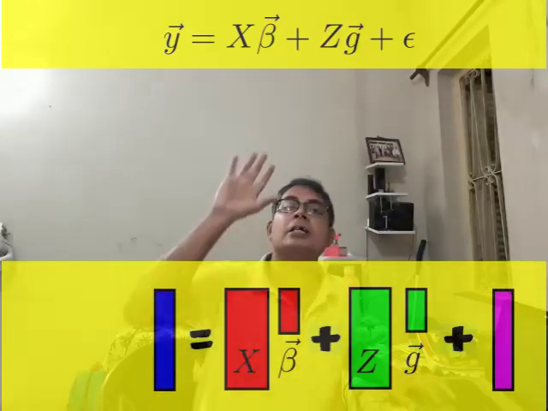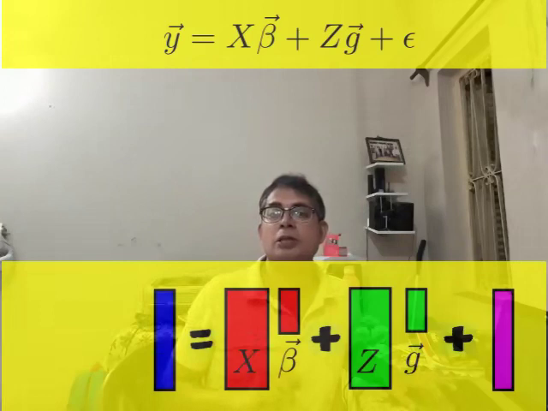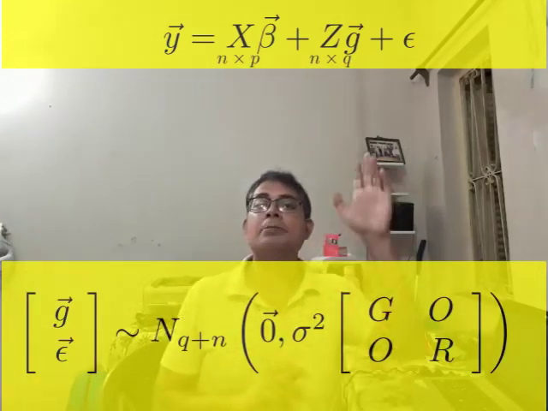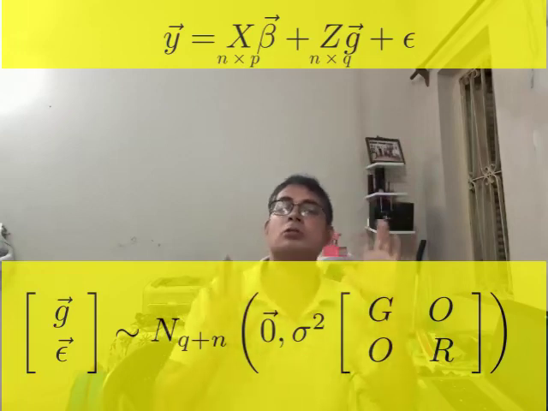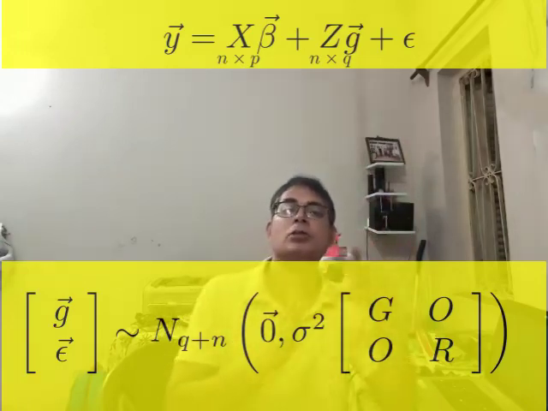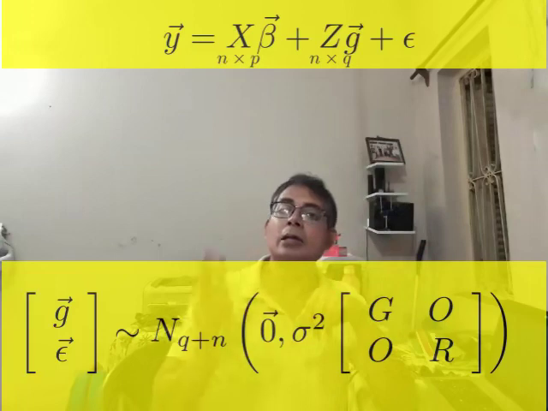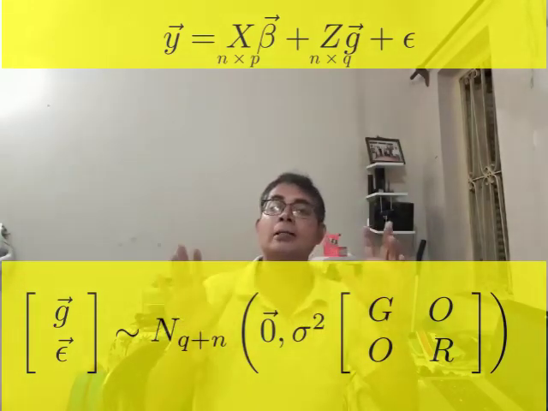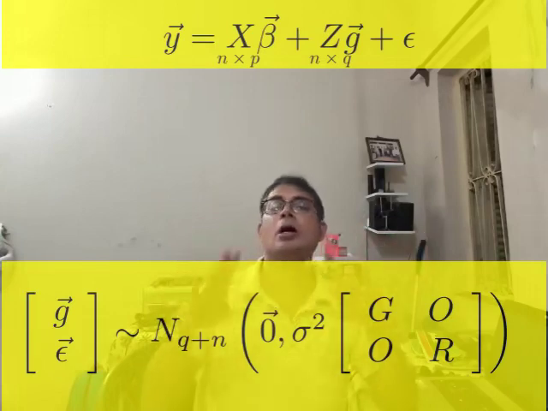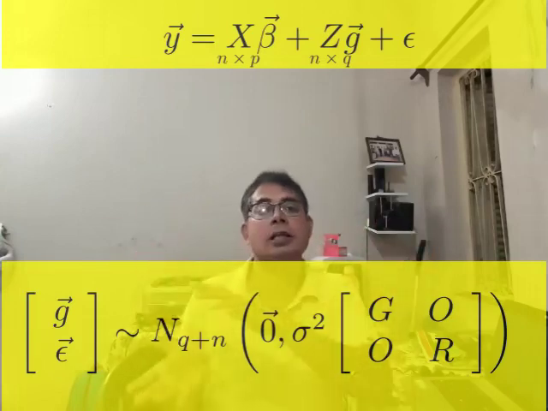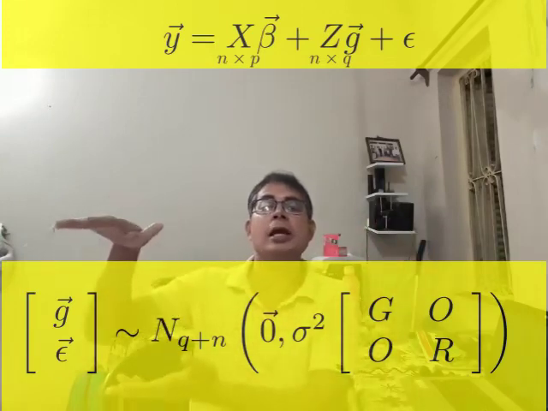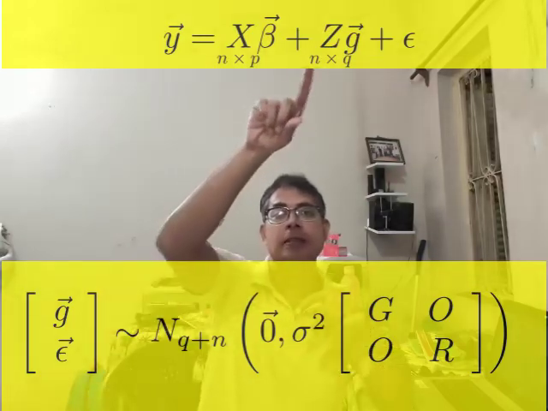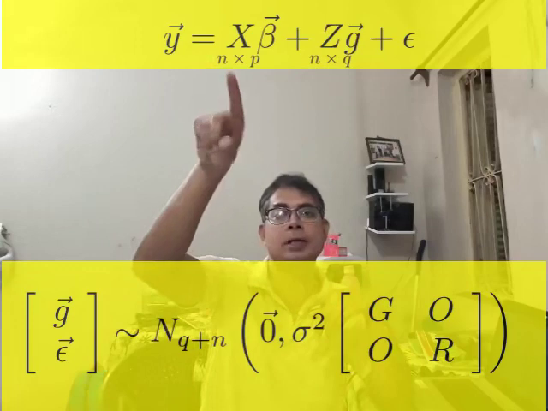Now of course I need certain distributional assumptions. I will say that epsilon as before follows a normal distribution with mean zero and some variance. I will give a similar distribution for G also, and they will be independent. So I can pack all this in a single assumption: stack G and epsilon.